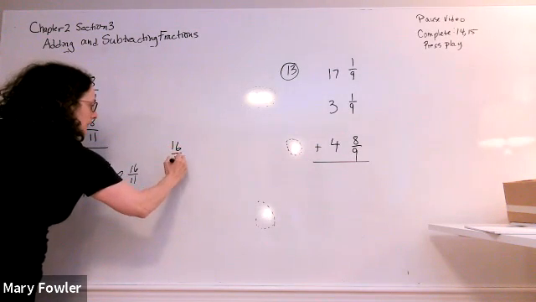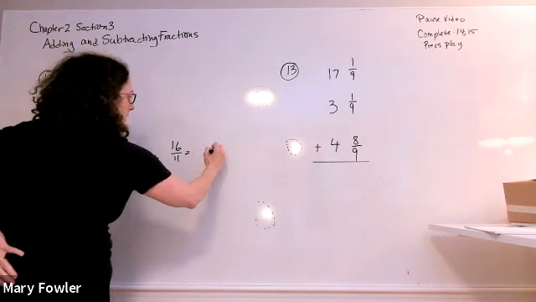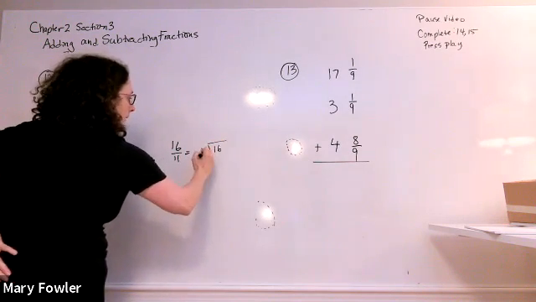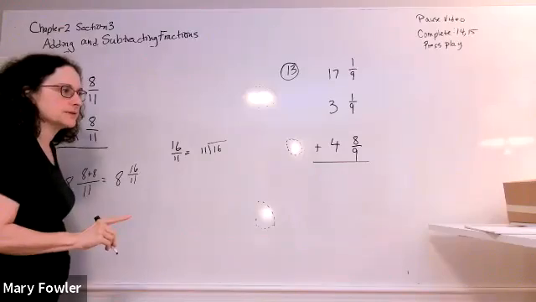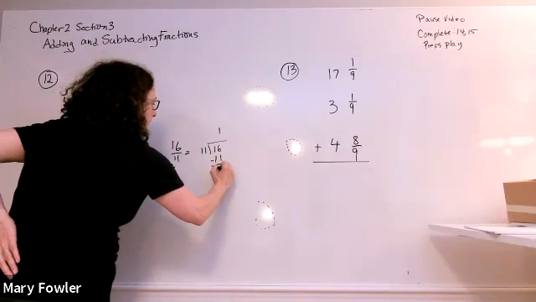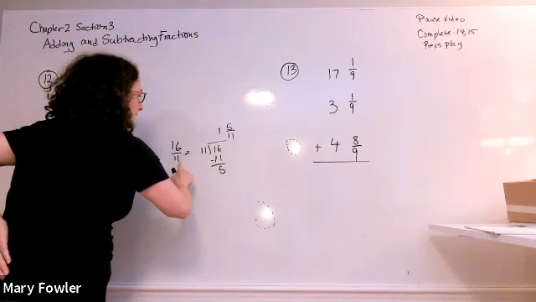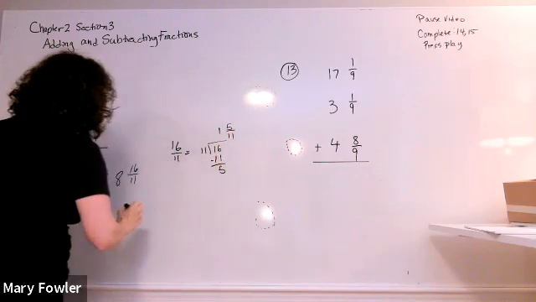All right, so I'm looking at 16 over 11, which is equal to 11 into 16. And we got 1. So 16 over 11 is 1 and 5/11.